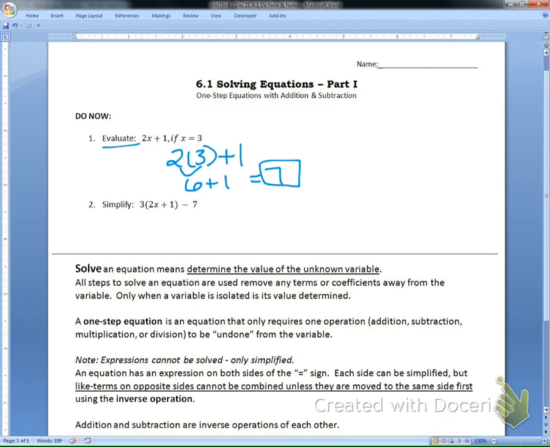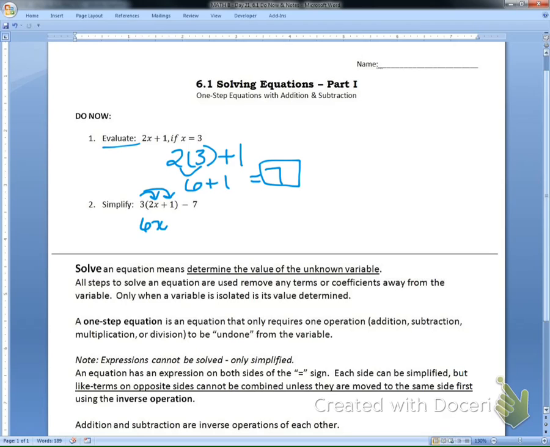In problem number 2, you're asked to simplify. Remember, when you simplify, this means 2 things. Remove parentheses if there are any with the distributive property, and then combine like terms. So the first step, distribute. You multiply the 3 to the 2 inner terms. 3 times 2x is positive 6x.